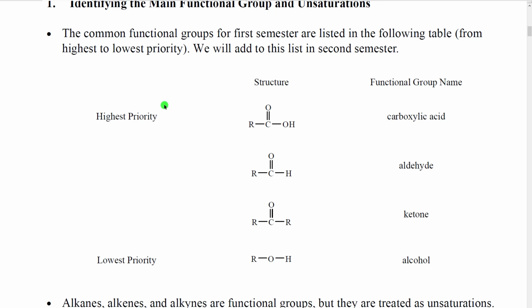So here they are. These should hopefully be familiar to you from our earlier discussions of functional groups. But this semester we're going to learn how to name carboxylic acids, aldehydes, ketones, and alcohols. And their priority order is carboxylic acid is the highest, then aldehydes, then ketones, then alcohols.